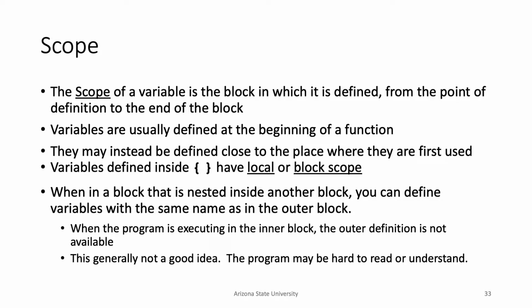So if we declare a variable somewhere, where can we use that variable? Anywhere from there down, right? We couldn't use it before because we can't use a variable before it's declared. So that's what the scope of a variable was. Where can we use that variable?